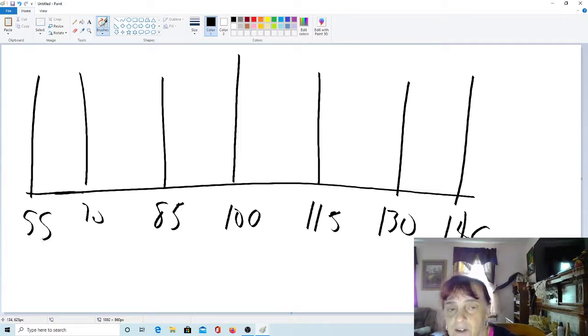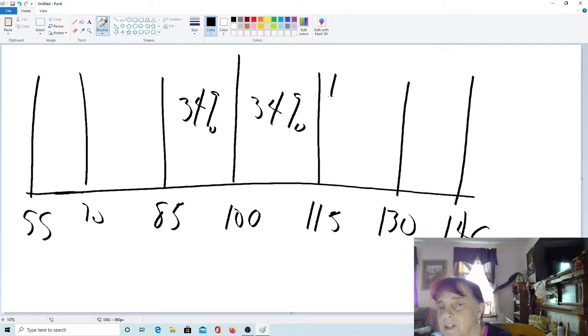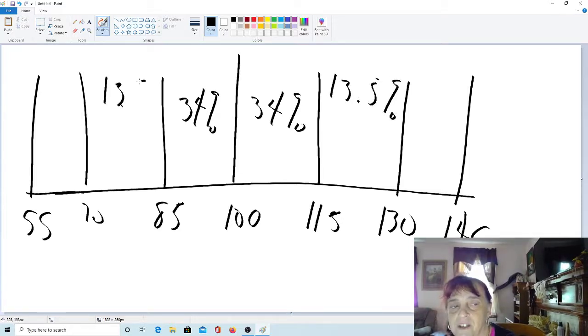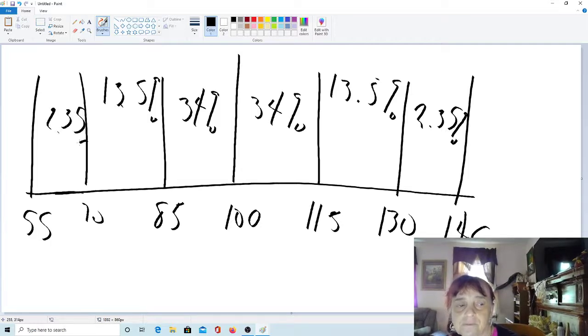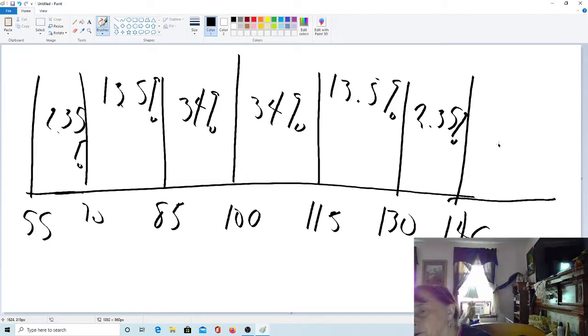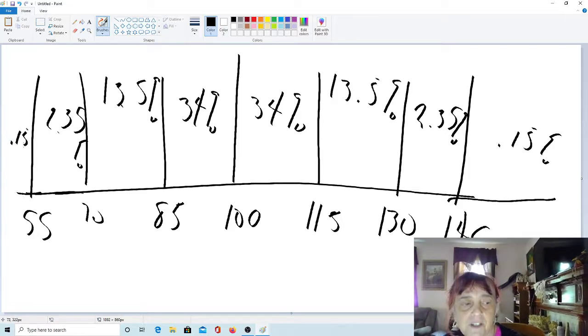And then you have 68% of the data here, which is 34%, 34%, then 13.5%, 13.5%, and 2.35%, 2.35%, and then 0.15% and 0.15%.